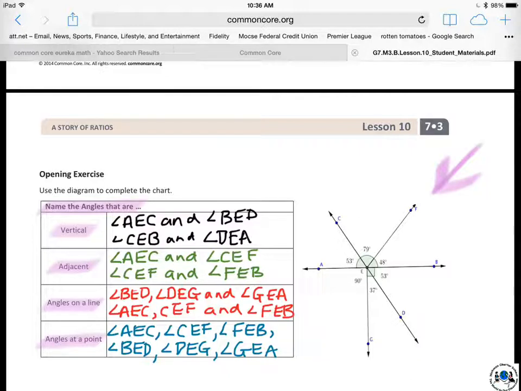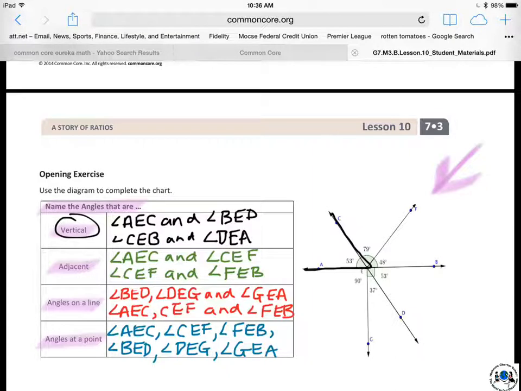Let's talk about vertical first. We have AEC and BED. I did a terribly messy job there.